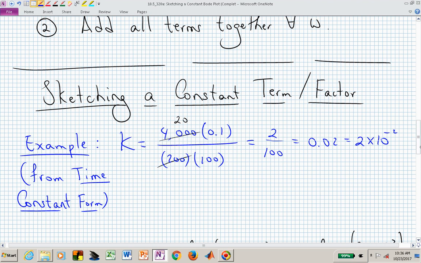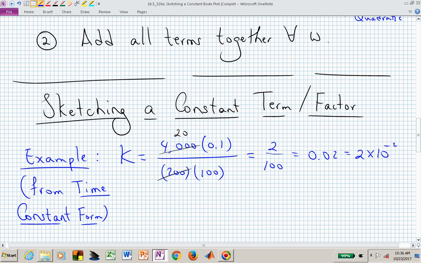We now want to draw that as a function of frequency. And hopefully you can see that there's no omega anywhere in that K expression. So that means if we can just find that magnitude in dB, then it's going to be that fixed magnitude for all frequencies omega.